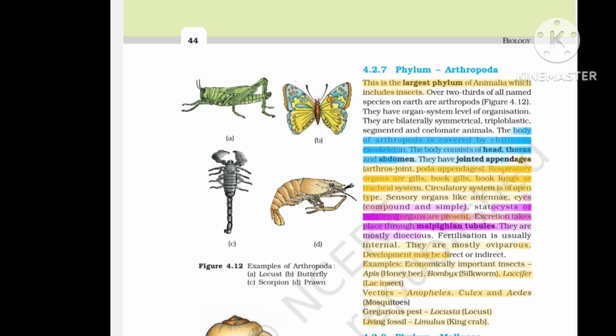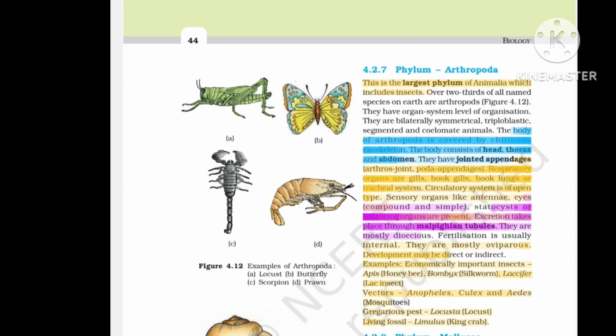Then we move further to the phylum Arthropoda. Here arthro means joints and poda means appendages or legs. These organisms show jointed appendages or jointed legs. Over two-thirds of all named species on earth are arthropods. They show bilateral symmetry. They are triploblastic, segmented, and coelomate animals. The body is covered by a chitinous exoskeleton. The body has three parts: head, thorax, and abdomen. The respiratory organs are gills, book lungs, and tracheal systems.